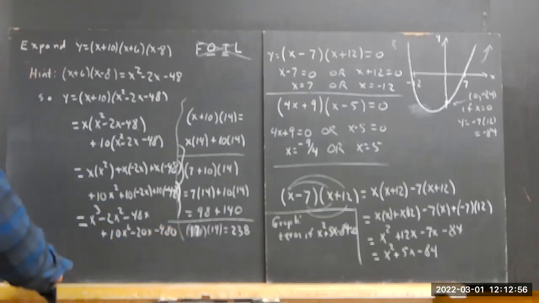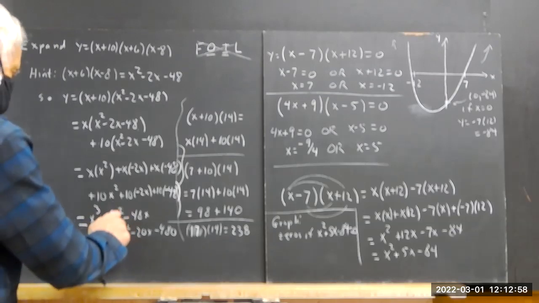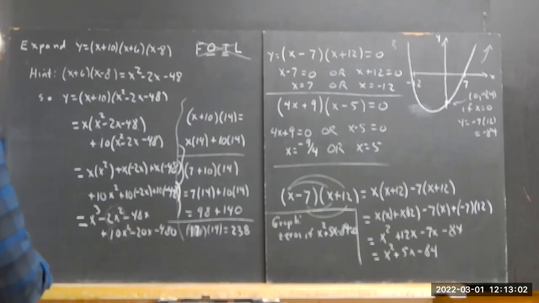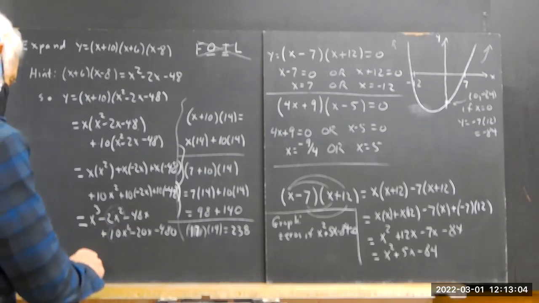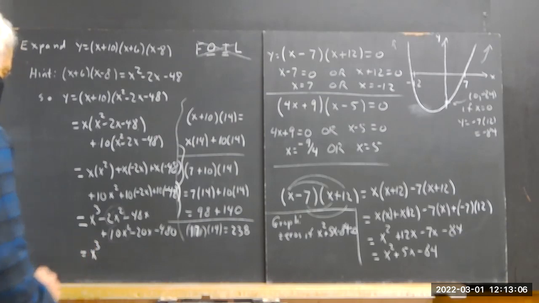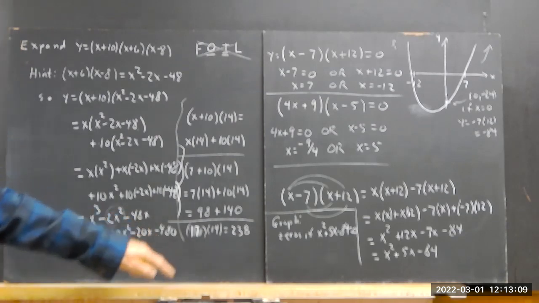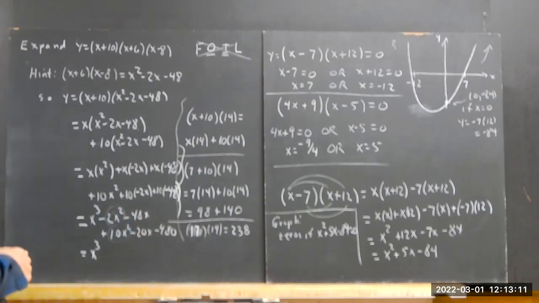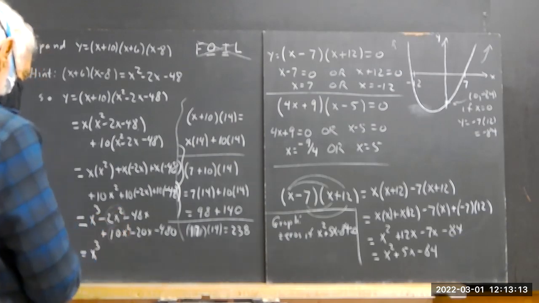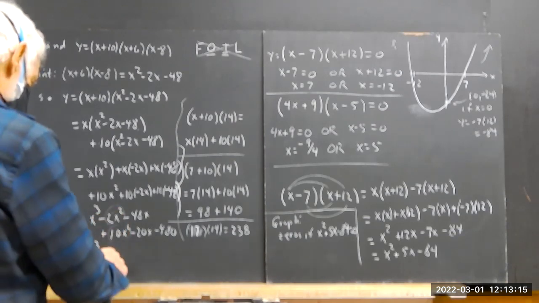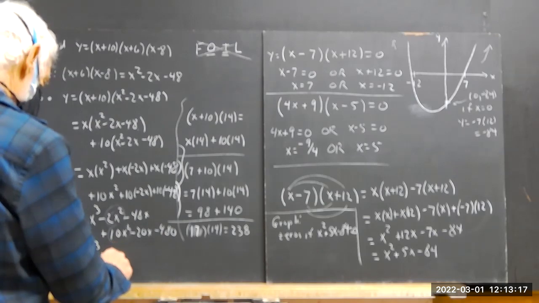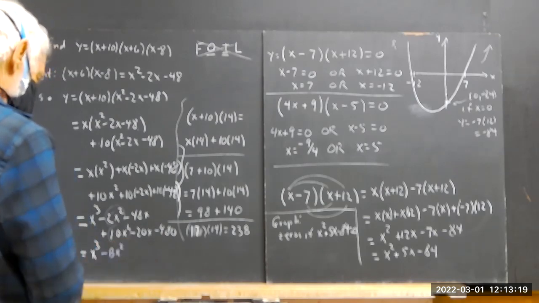Now, I've got a couple of x squared terms, a negative 2x squared and a 10x squared. So what we have then is x cubed, because there are no other x cubed in here. And negative 2x squared plus 10x squared is 8x squared.